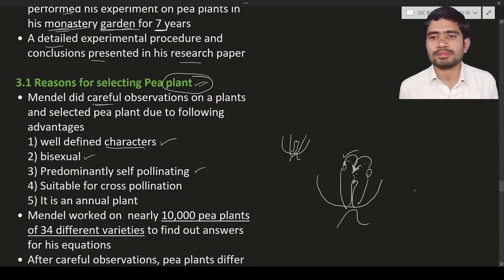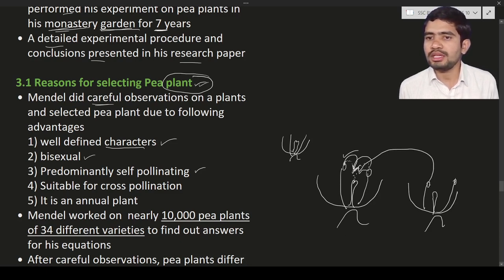Next, what is cross-pollination? Let us consider this is the flower, this is the female reproductive organ, this is the male reproductive organ. The pollen grains will not fall on the same stigma. From this anther the pollen grains will go and fall on some other flower.